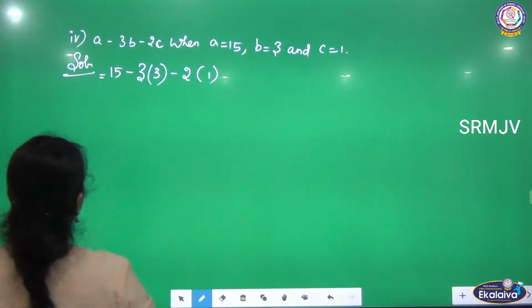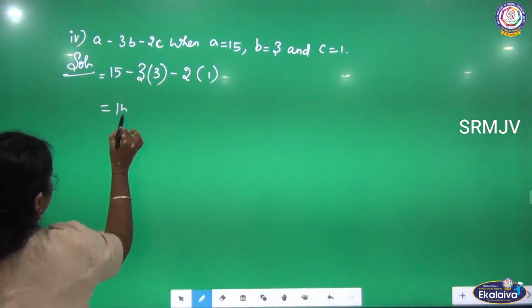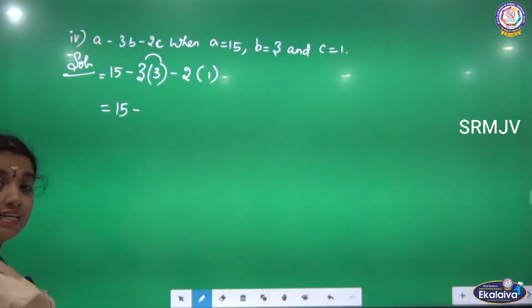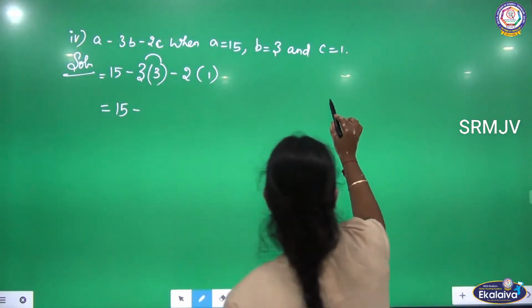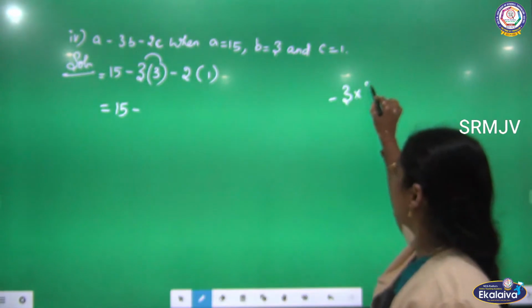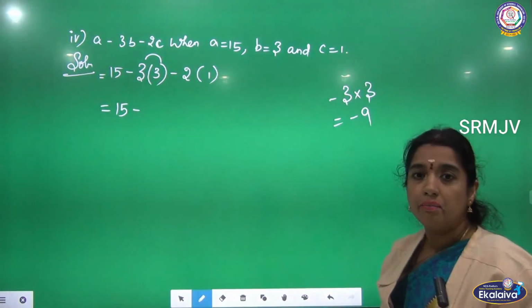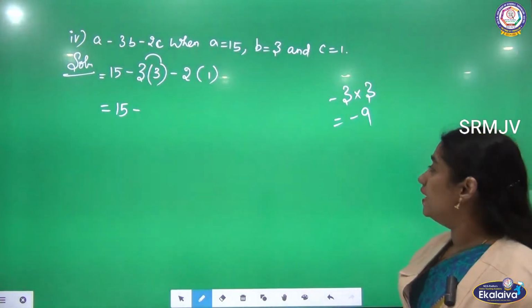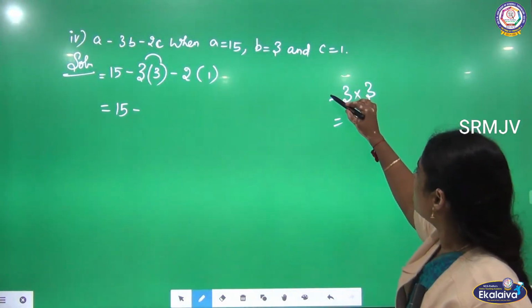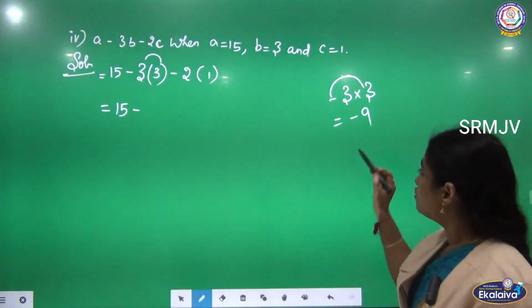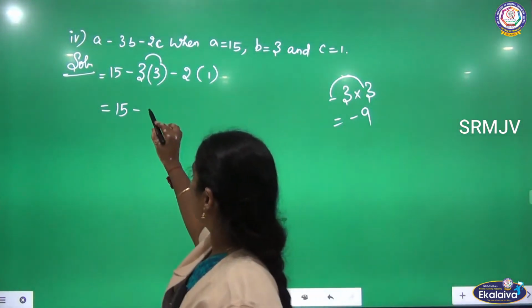Is it clear, children? Now listen, 15 minus 3 3s, that is minus 3 into 3. Minus 3 into 3 is what? Minus 9. Minus into plus is minus. So here, minus 9.